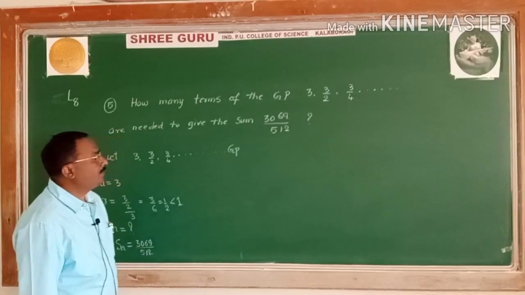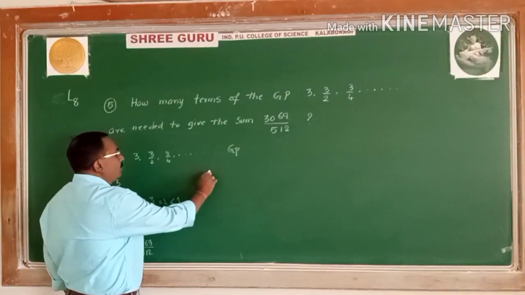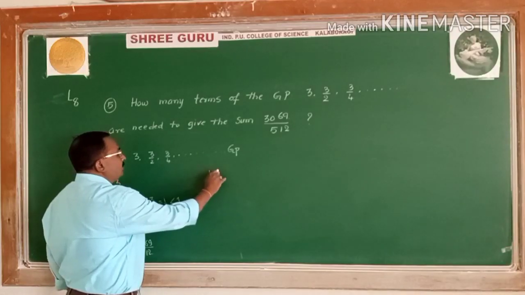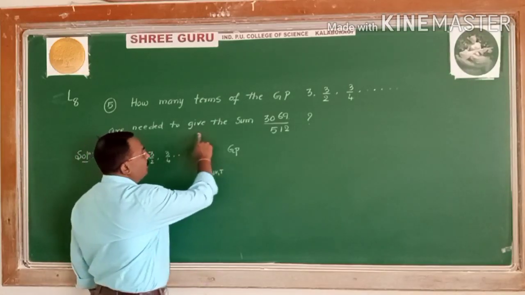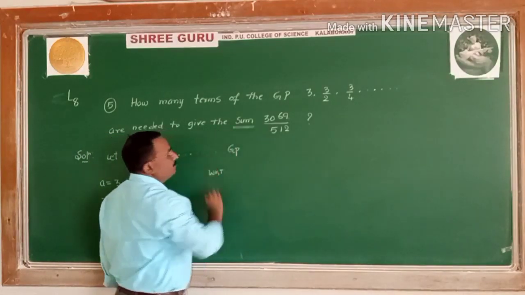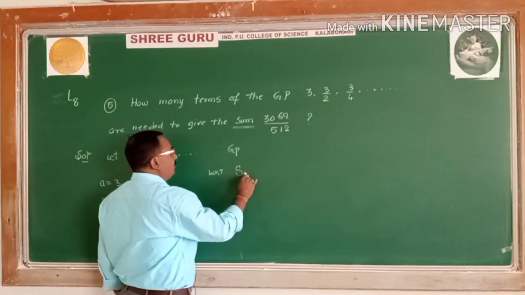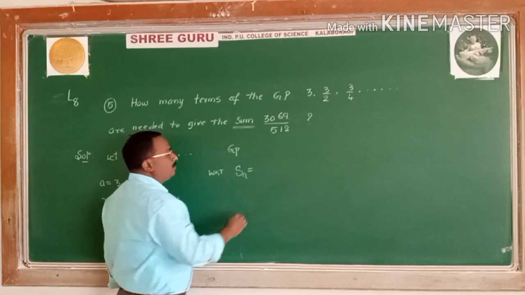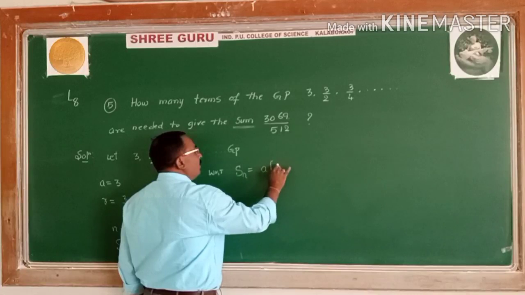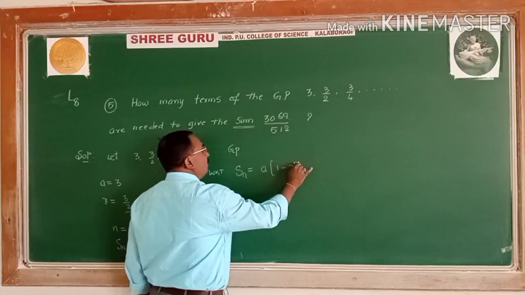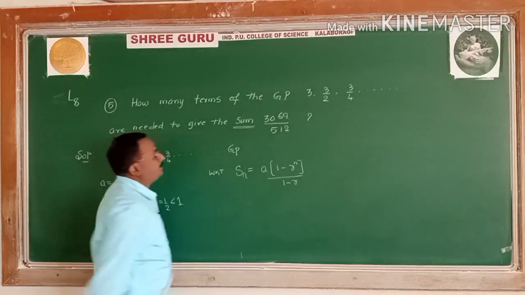Simplify this one. We know the formula for the sum to n terms. The sum is given, Sn. Sn is equal to A times 1 minus R to the power n divided by 1 minus R, for R less than 1.